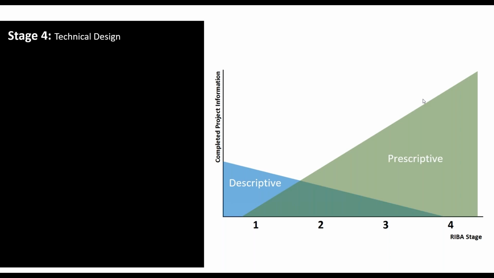But it's really important to figure out, at stage 1, what's going to be designed by the design team to be descriptive and what's going to be designed by the design team to be prescriptive. Ultimately, everything needs to be produced by the contractor to be prescriptive, but it's the roadmap of that journey that might vary from project to project. Next slide.